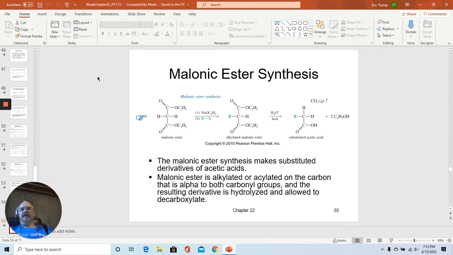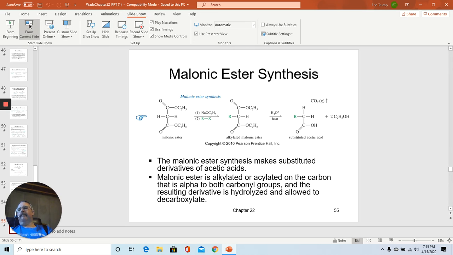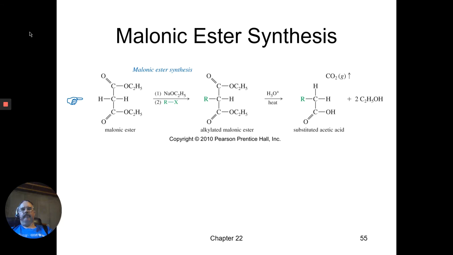Okay, malonic acid is propane dioic acid. And the hydrogens between the two carbonyls are unusually acidic. They're about pKa 13.